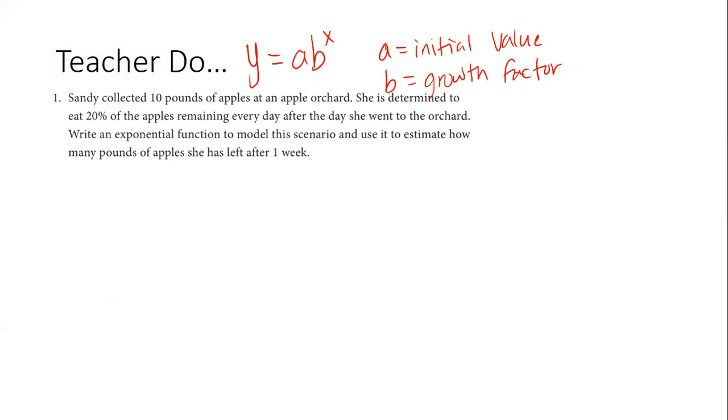Now, how do you find your growth factor, you ask? You have to know your percent change. Okay? So to find our growth factor, we're going to write right here, growth factor equals 100% plus or minus our percent change.